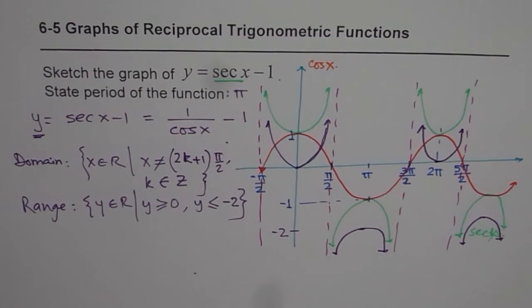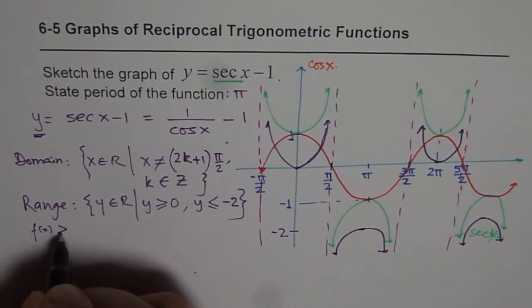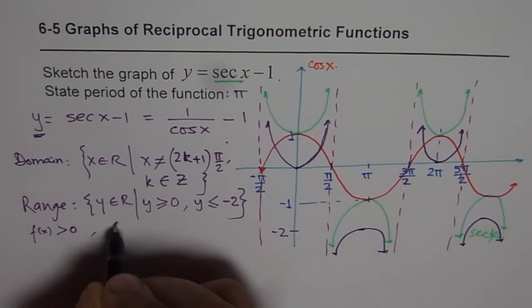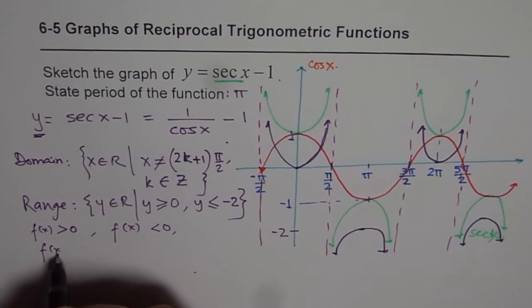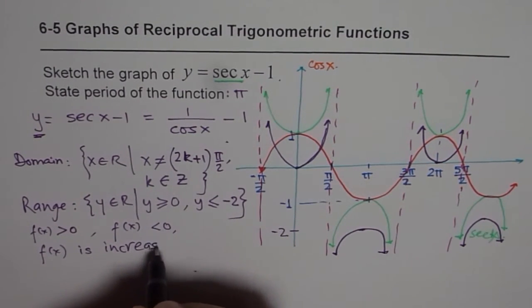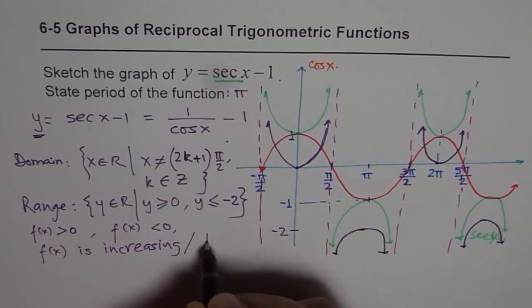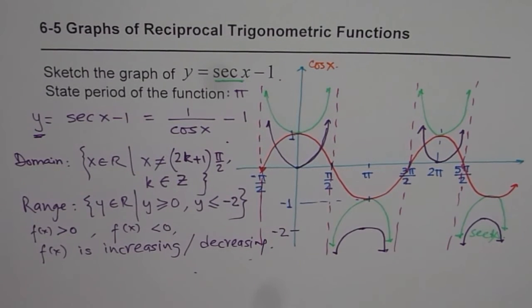Namely, I would like you to write down when the function f of x is greater than 0, when it is less than 0, when it is increasing, and when it is decreasing. That will be an exercise for you to do, and I hope that will prepare you for your test. Thank you and all the best.